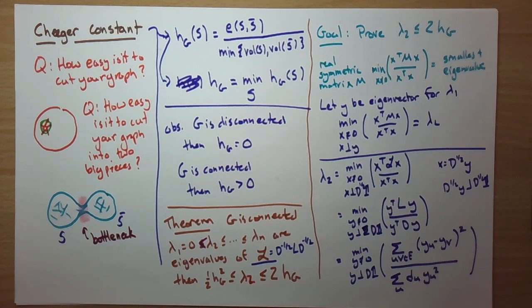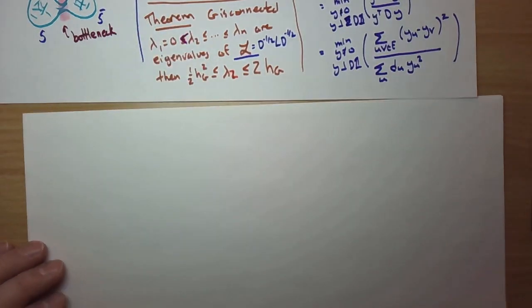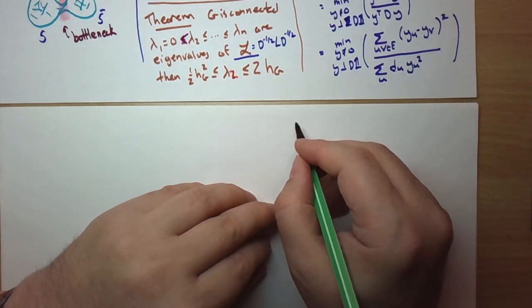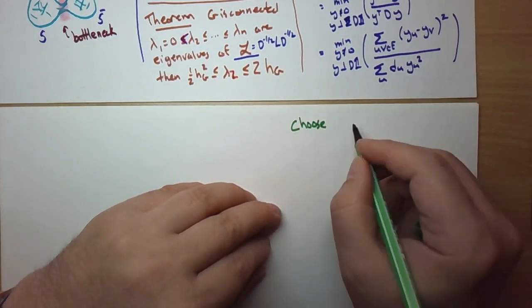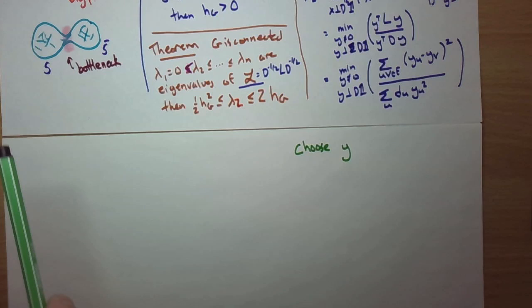Now, this is for any choice of y, as long as you're perpendicular to d times the ones vector. So we're taking a min. Since we're taking a min, let's pick a good choice for y. We're going to choose, but choose wisely. Now, think about the picture. What are we after?